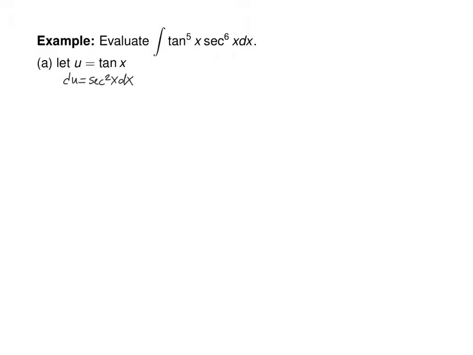So let's think about this as tan to the fifth x times secant squared x times secant squared x times secant squared x dx. Not the only way, it's just one way.